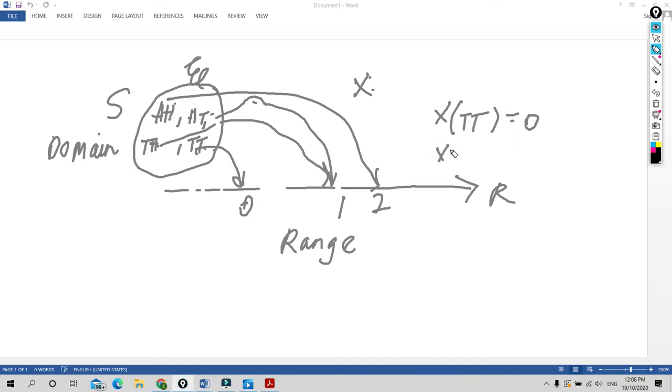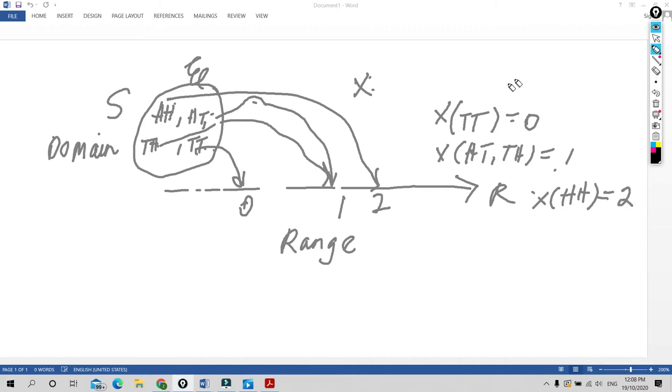X of head-tail and tail-head is equal to 1, and X of head-head is equal to 2.